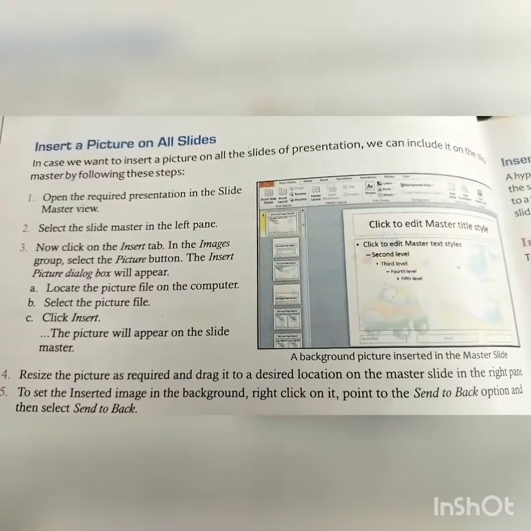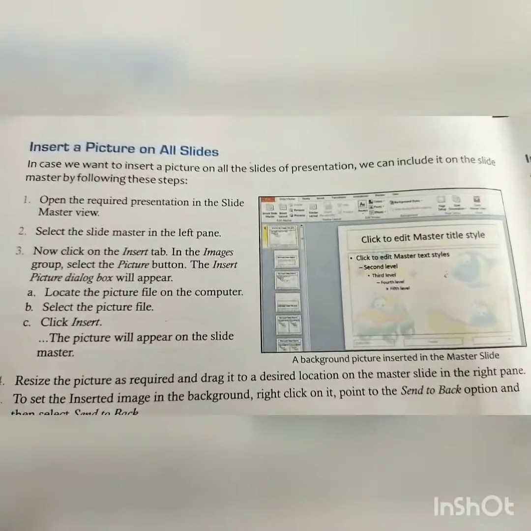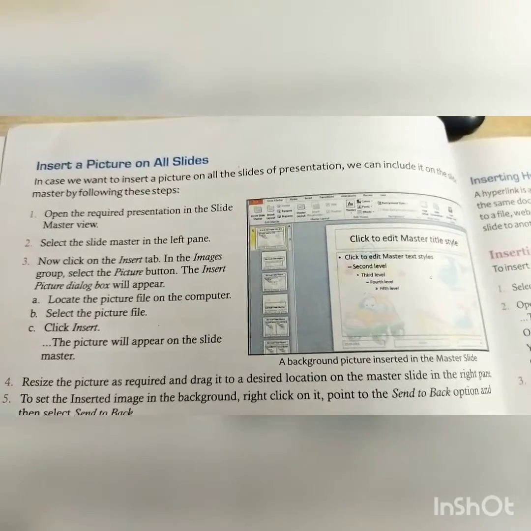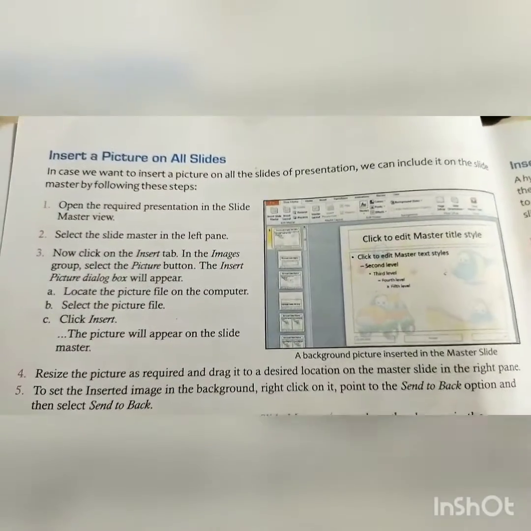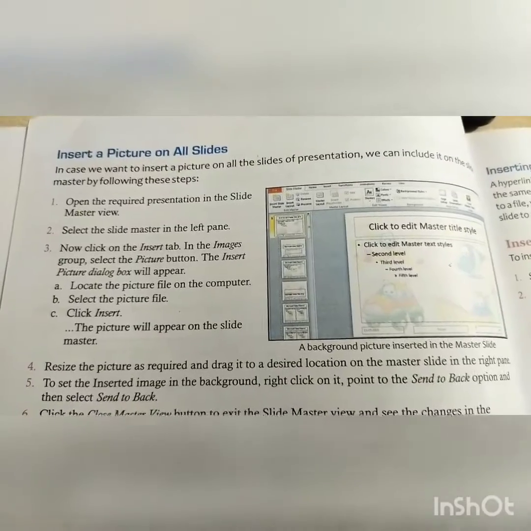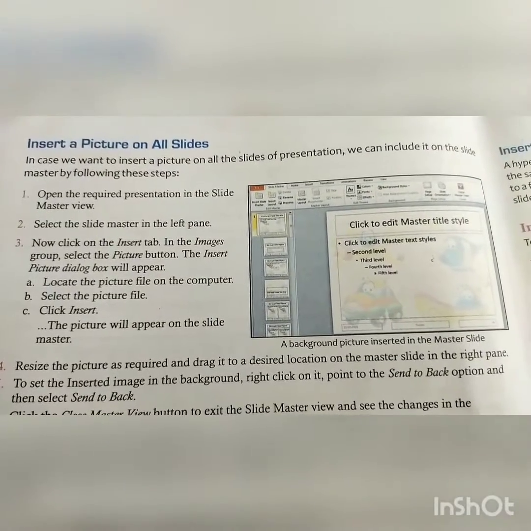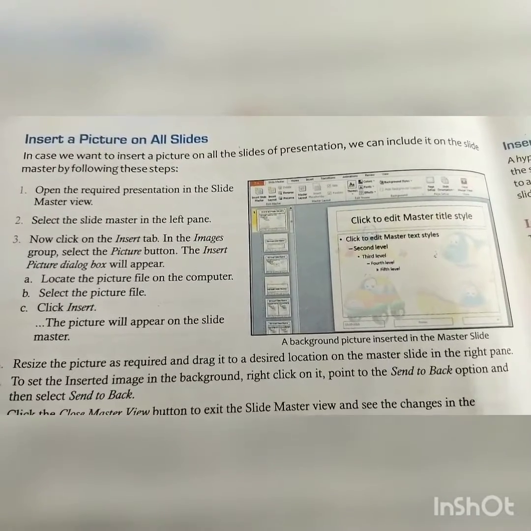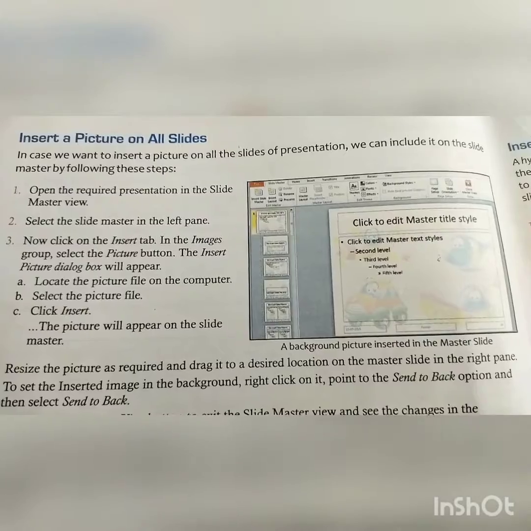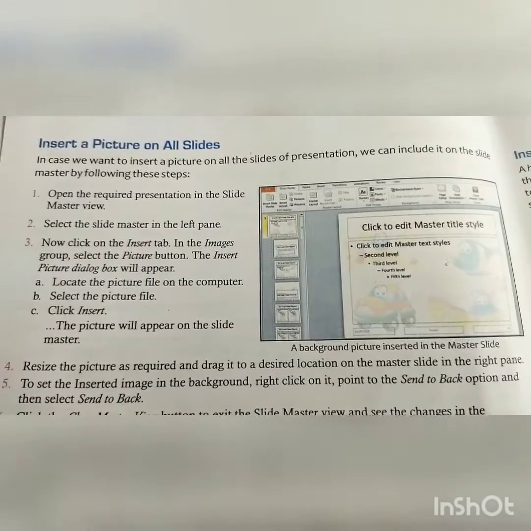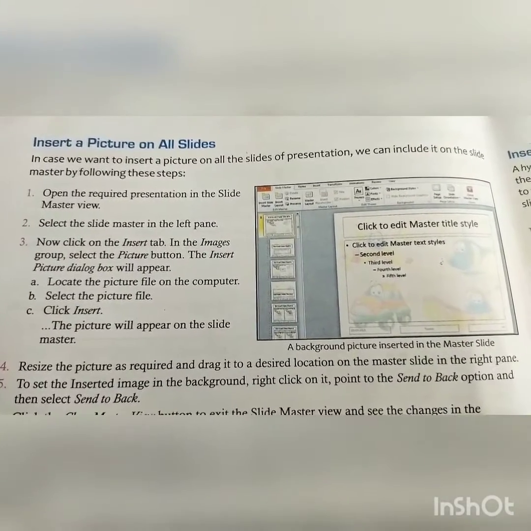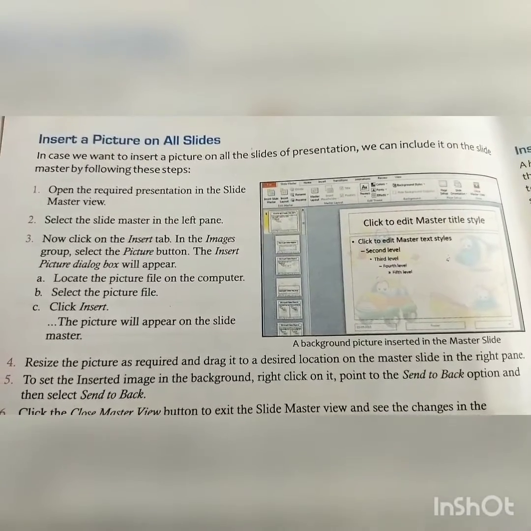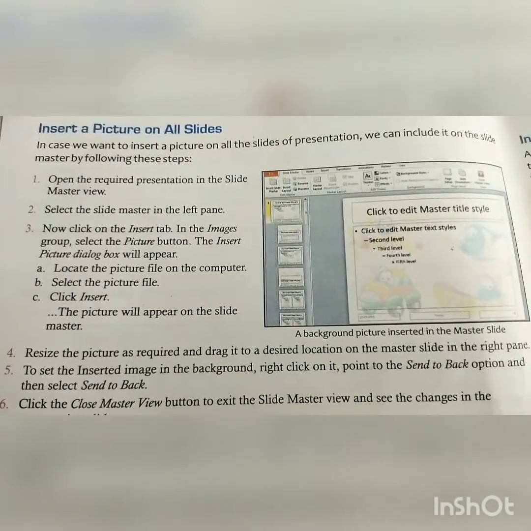Then student, you can insert a picture on all the slides. In case we want to insert a picture on all the slides of a presentation, we can include it on the slide master by following these steps. First of all, open the required presentation in the slide master view. Then select the slide master in the left-hand pane. Now click on the Insert tab, in the Images group select the Picture button, and the Insert Picture dialog box will appear. Locate the picture file on the computer, select it, then click Insert.